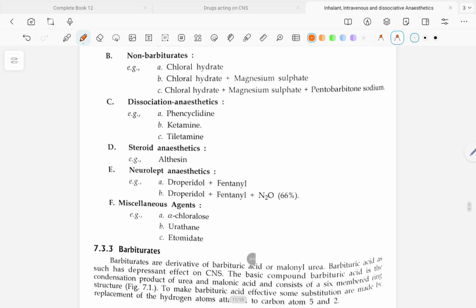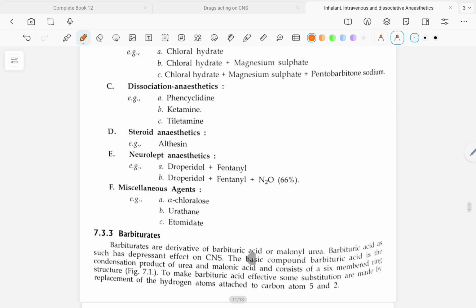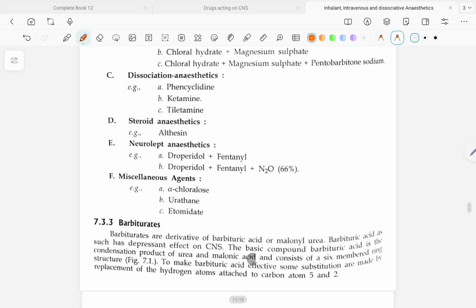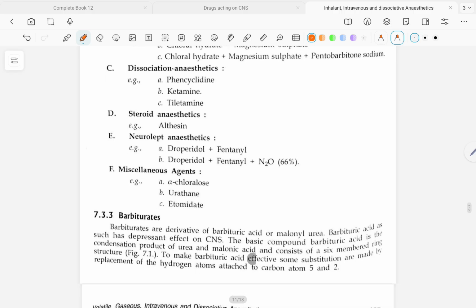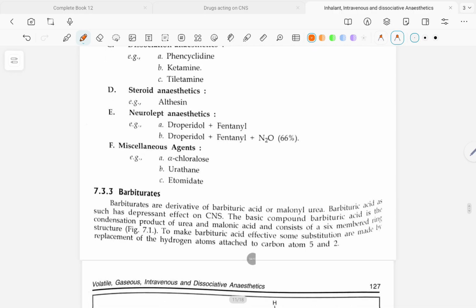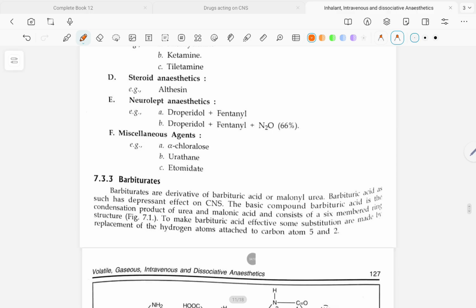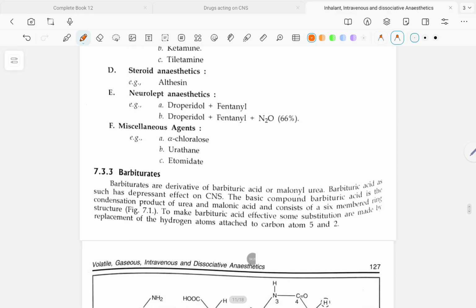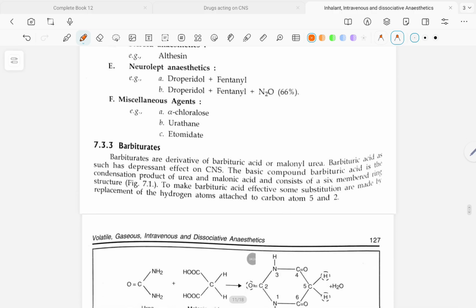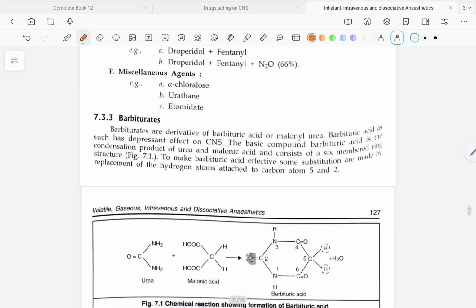Dissociative anesthetics: phencyclidine, ketamine, tiletamine. Steroid anesthetics: Althesin. Neuroleptic anesthetics: droperidol, fentanyl; droperidol plus fentanyl plus N2O 66%. Miscellaneous agents: alpha chloralose, urethane, etomidate.